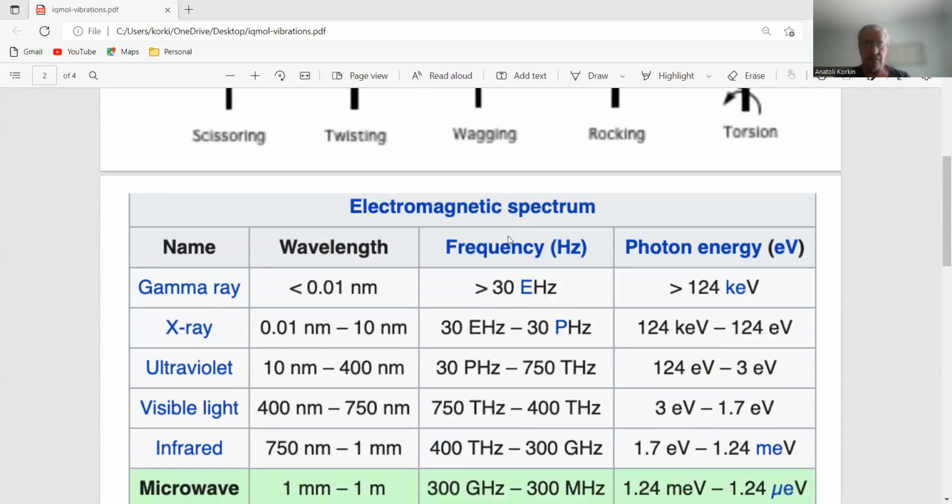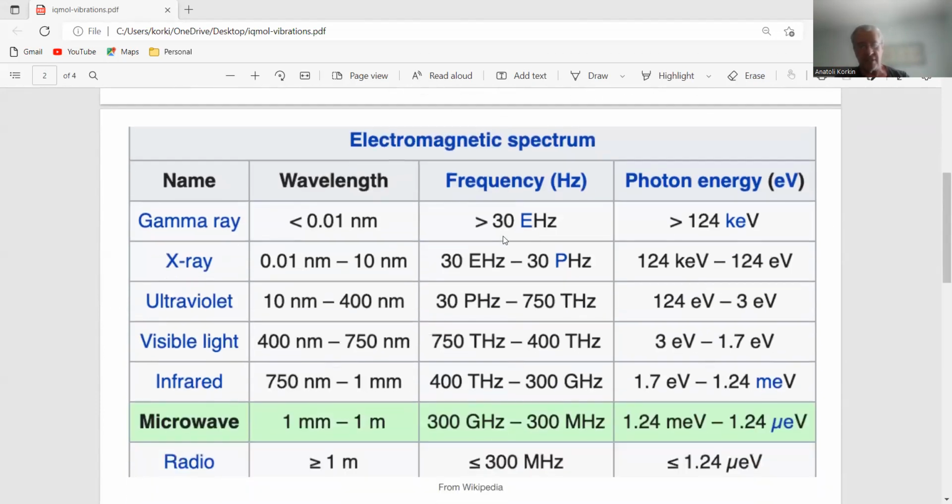Since these vibrations also belong to electromagnetic wave types, their energy lies between visible light and microwave. With wavelengths roughly between 75 micrometers and 1 millimeter, it's between 40 terahertz and 300 gigahertz.